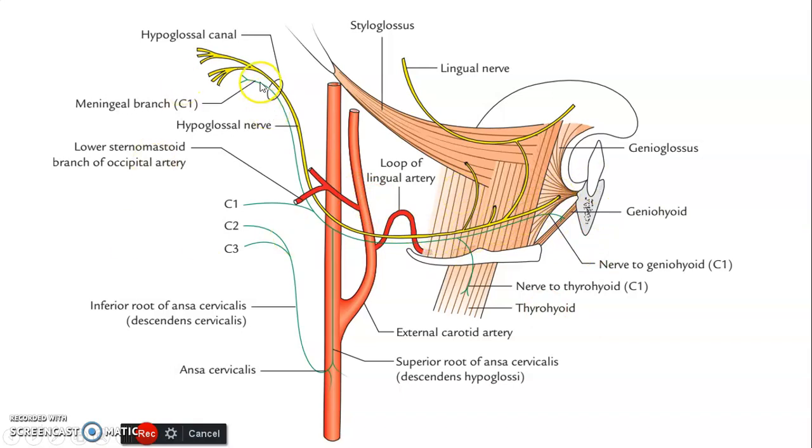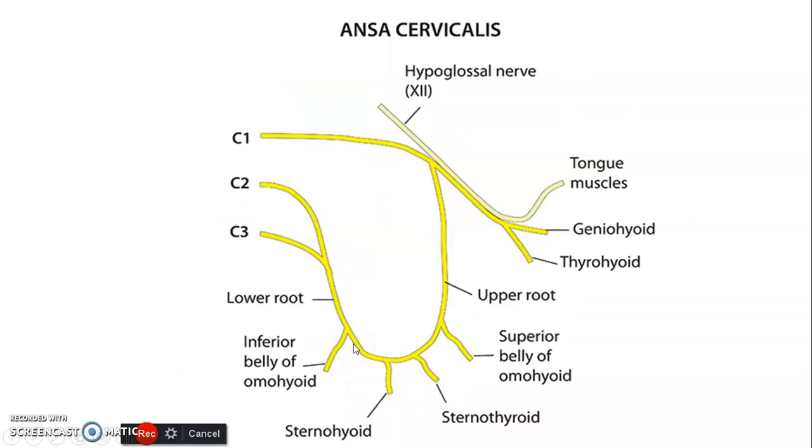Okay, you can see it is going to give the nerve to thyrohyoid and nerve to geniohyoid, but the hypoglossal nerve continues. So this is what we call ansa cervicalis. Okay, you can see this loop. This C1 coming downwards forms a loop, the superior root of ansa cervicalis. It follows the hypoglossal, so that's why we call it descendens hypoglossi, and this is your ansa cervicalis. So it innervates the strap muscles.